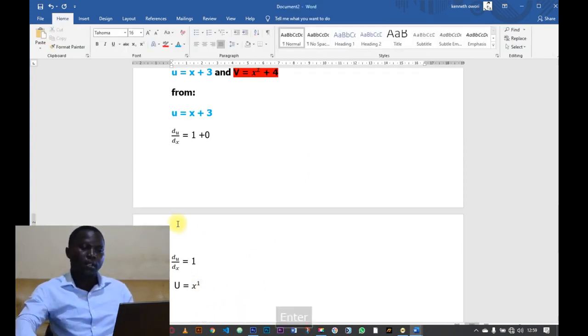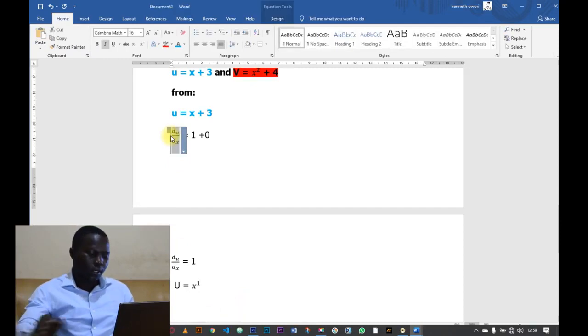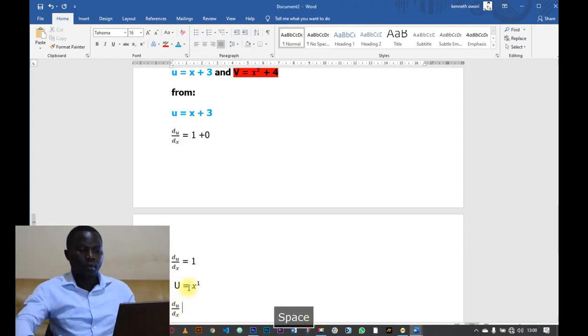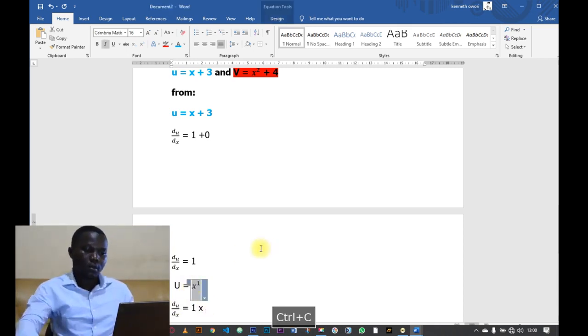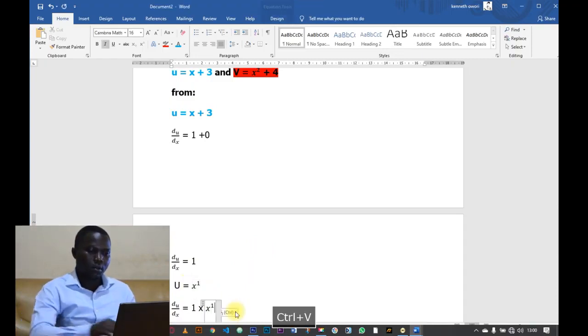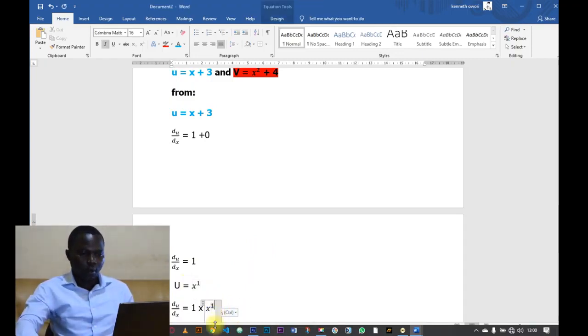So our derivative du dx would be one, which is the power, times x power 1, then reduce the power by 1.